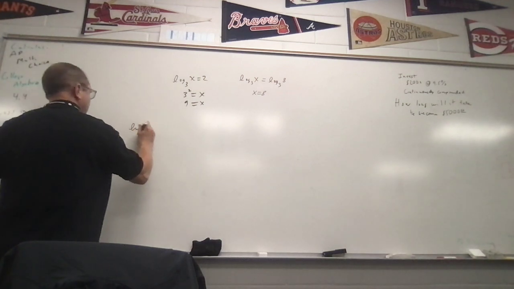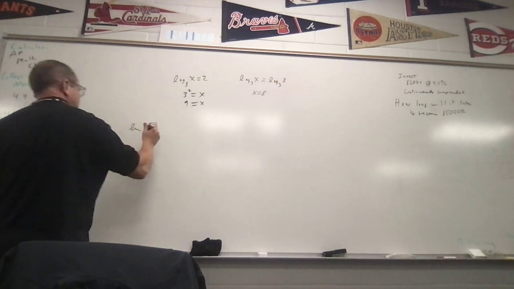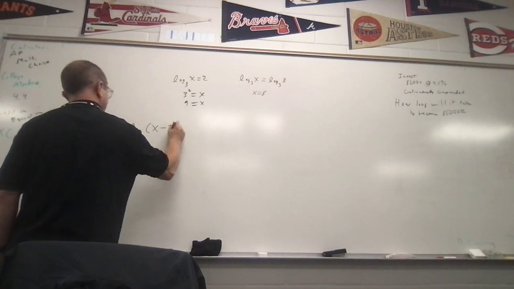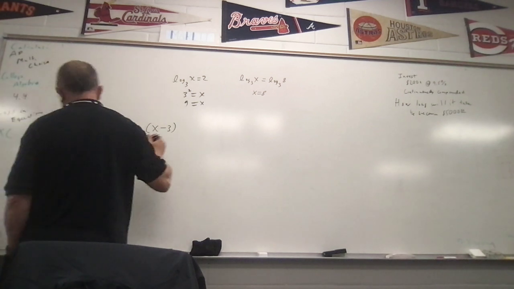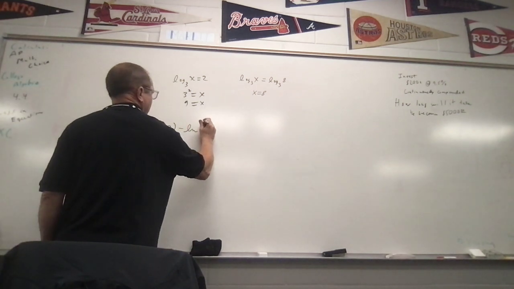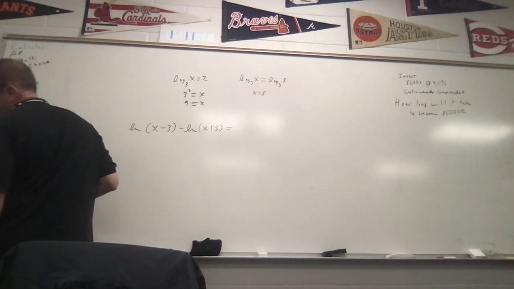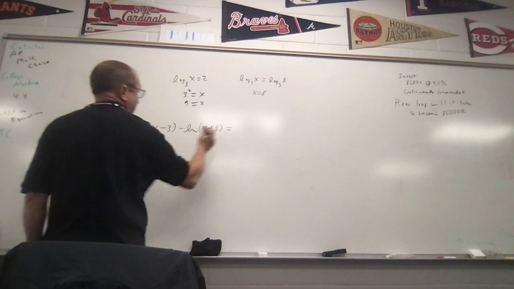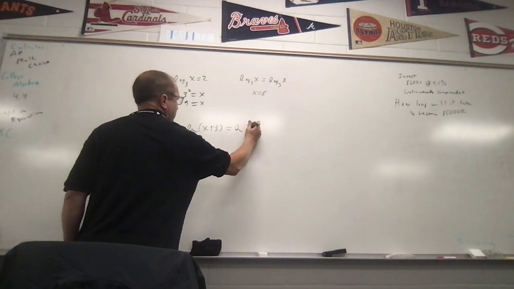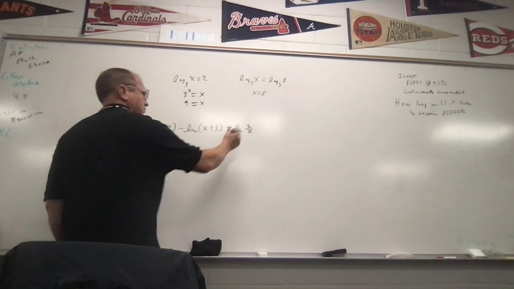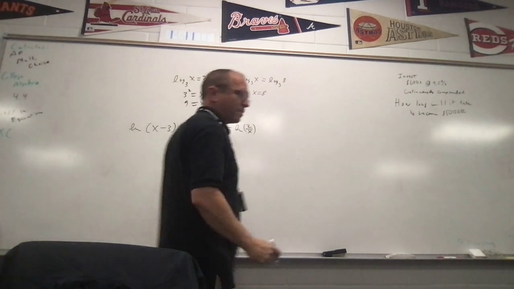Let's say that we have the natural log of x minus 3 minus the natural log of x plus 3. And we're going to set that equal to the natural log of 2 over x. Okay?